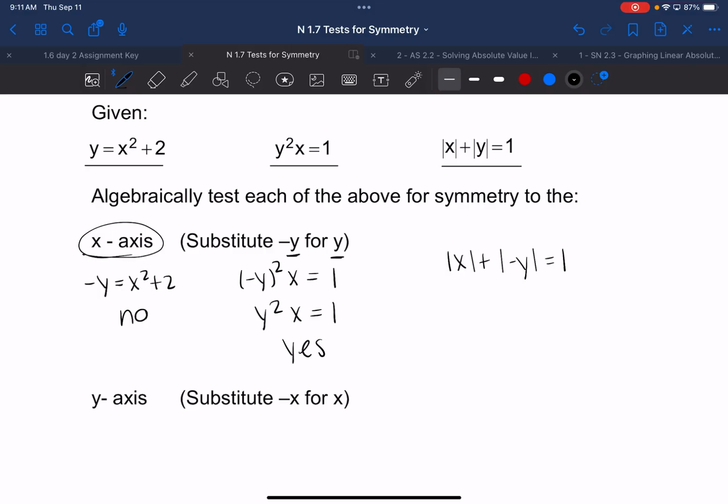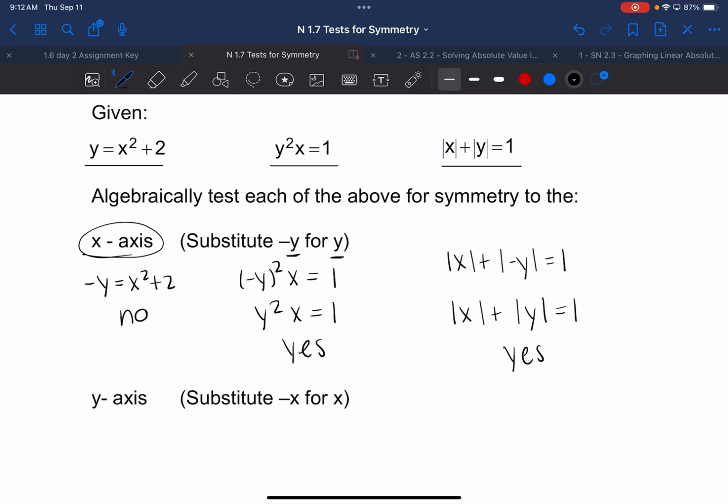So the absolute value of negative y is just y, right? It doesn't matter if I plug in a negative or a positive y, I'm still going to get out a positive y from there. And this one looks like what we started with, so it is also symmetric about the x-axis.